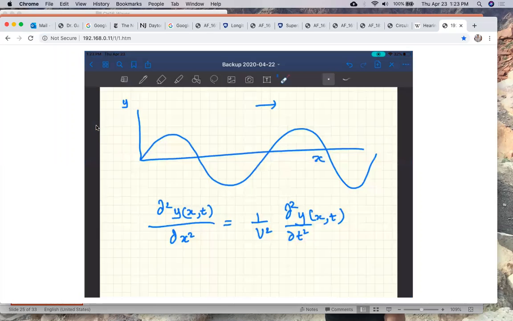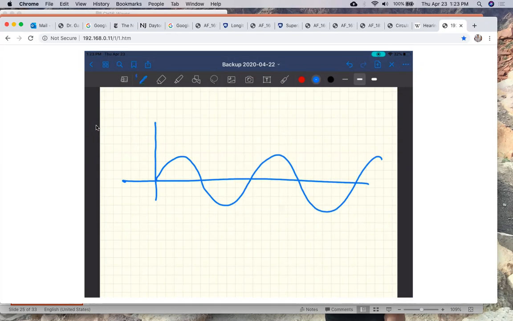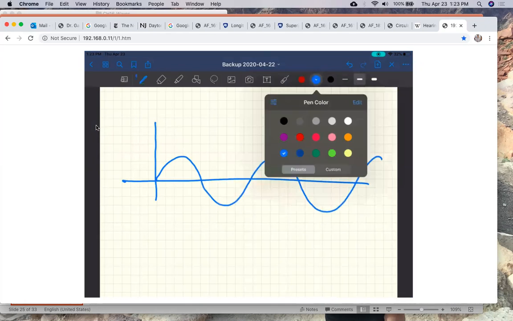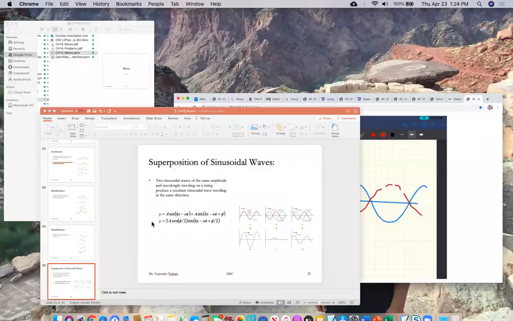Let's say one wave at time t equal to 0 is starting there, and the second wave is starting from there. This gap is related to the phase difference. So that's what this is.